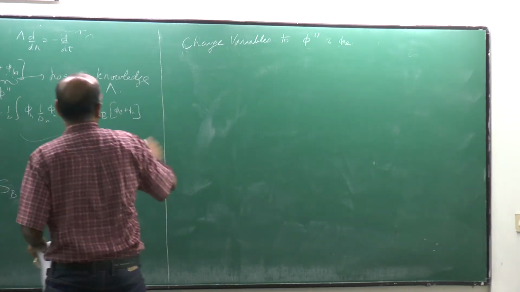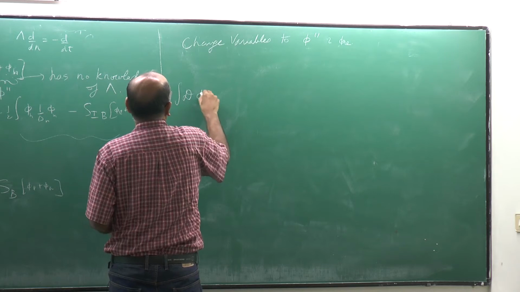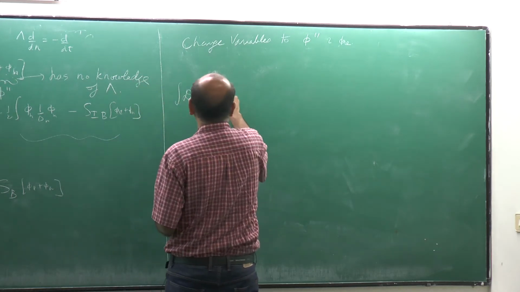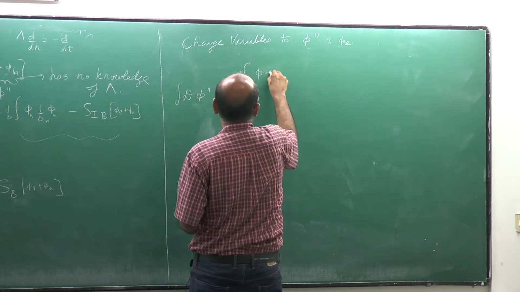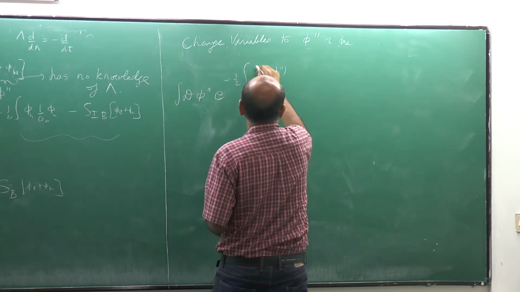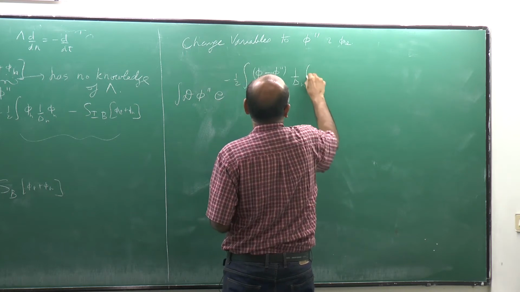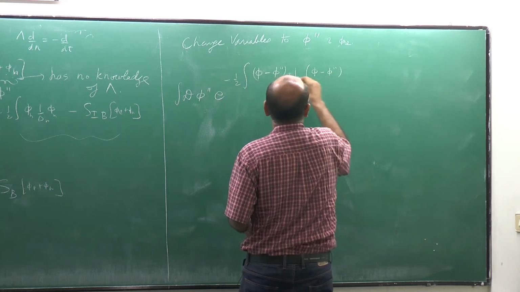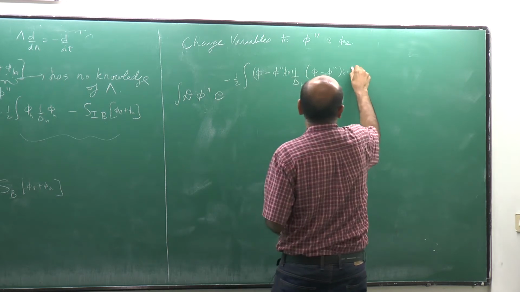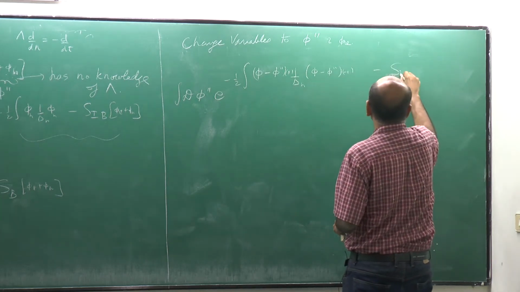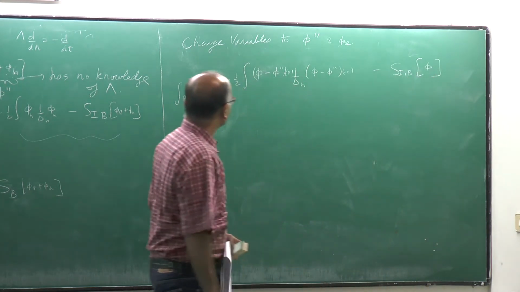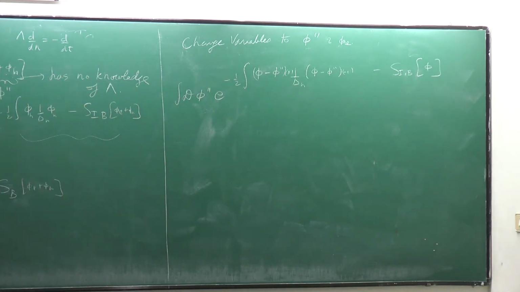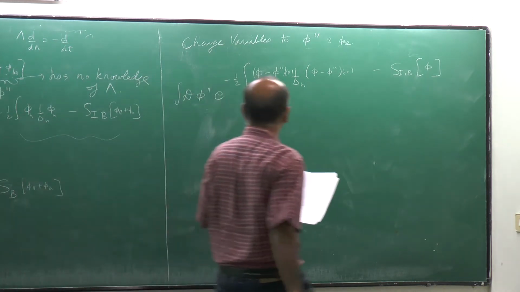So what does this become? This becomes d phi double prime e to the power of minus half, phi minus phi double prime, 1 over delta h, phi minus phi double prime, and this has a p and a minus p. Then there's a minus SIB phi double prime.